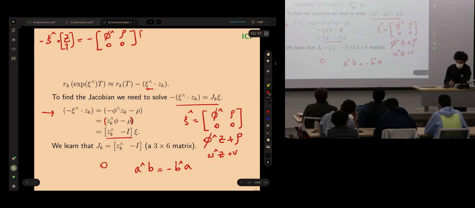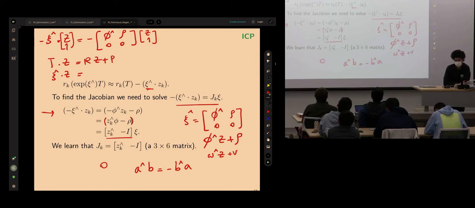But isn't that 4 by 4? It is. That's why I defined the action of T on a 3 vector to be R Z plus P. So is the Jacobian 4 by 6 then? If we would work with homogeneous coordinates, it would be, but that's just the row of zeros. It's redundant. Okay, okay. So yeah, it is.